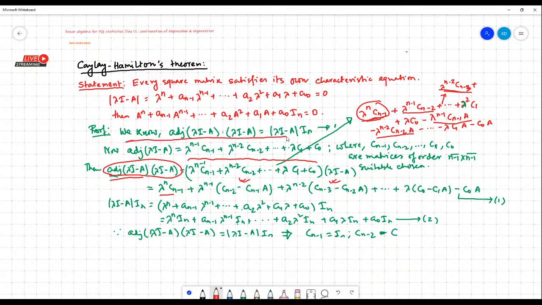Do you understand this portion? The adjoint of lambda I minus a, I write this as a sum of n matrices whose order is n minus 1 by n minus 1. Do you understand this? If you have any doubt, please tell me. I can explain with an example.